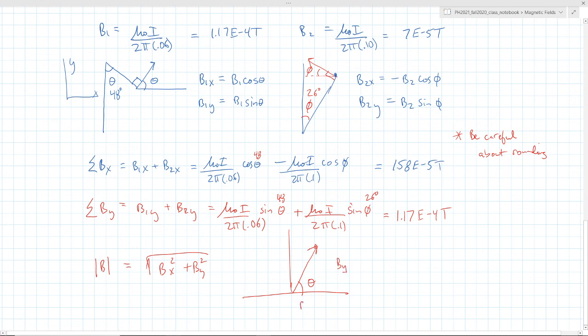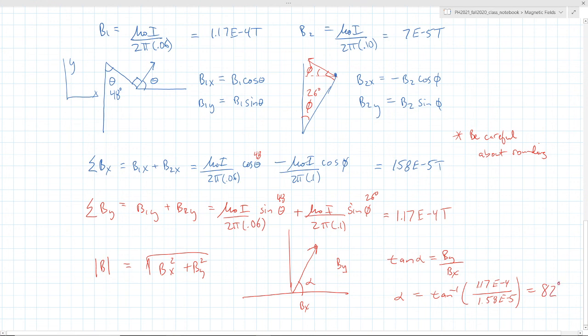This is By and Bx. So we can find the angle from the fact that tangent, let's call this alpha, because we have a lot of angles floating around. Tangent alpha would be the ratio of By over Bx. So alpha would equal inverse tangent of these two numbers. And when you compute that, you find that this is 82 degrees.